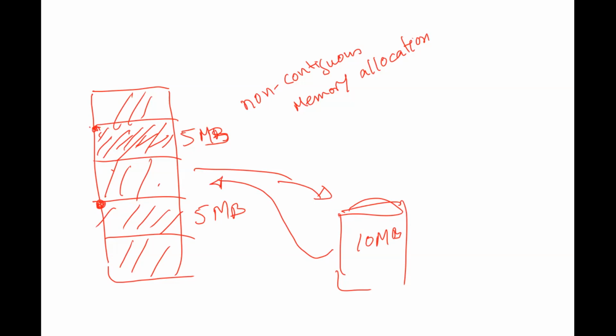Before I explain paging, let me explore some other things. Paging and compaction can solve the external fragmentation problem, but compaction has some disadvantages. Most memory allocation in our recent computers uses non-contiguous memory allocation.